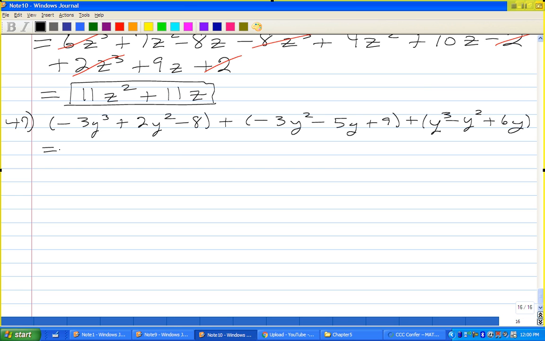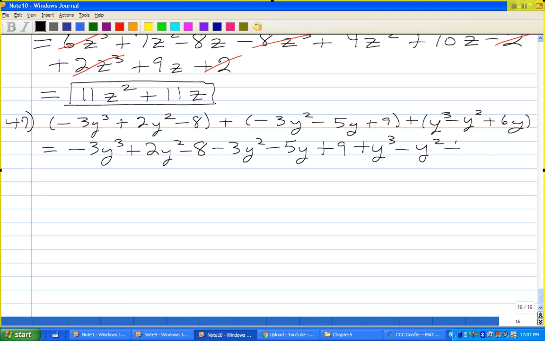Let me get rid of all the parentheses. Minus 3y cubed plus 2y squared minus 8 minus 3y squared minus 5y plus 9 plus y cubed minus y squared plus 6y.